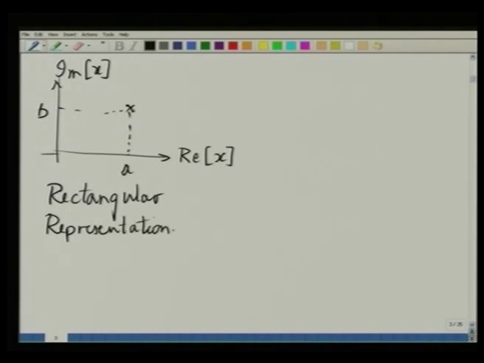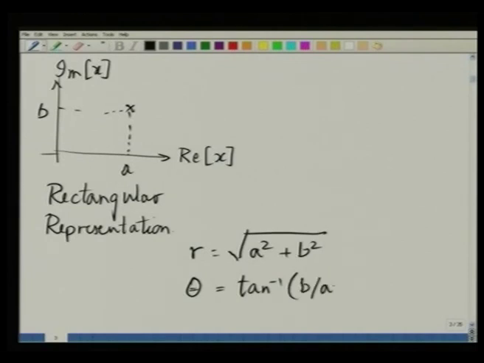There is another way in which complex numbers can be represented, and that is in polar coordinates, and we can do that to get the polar representation of a complex number. In a polar representation, we convert A and B into polar coordinates using the equations r equal to the square root of a squared plus b squared and theta equals tan inverse b by a.